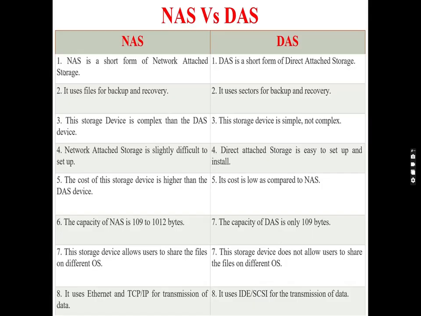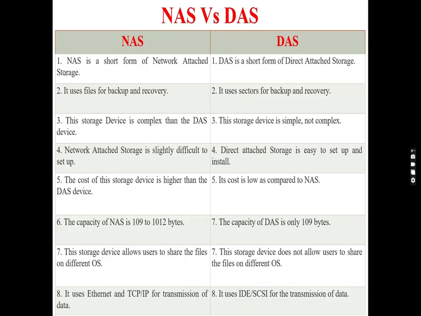In NAS, the storage device is more complex than the DAS, whereas DAS is simple and not as complex as NAS. Network attached storage is slightly difficult to set up, whereas DAS is easy to set up and install. In NAS the cost of the storage device is higher than the DAS, whereas DAS is low cost as compared to the NAS.